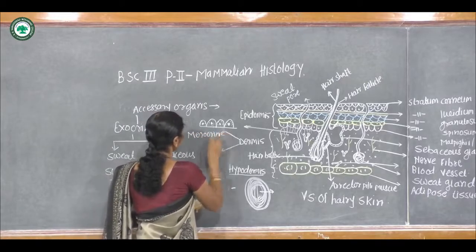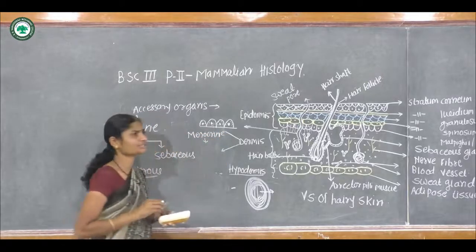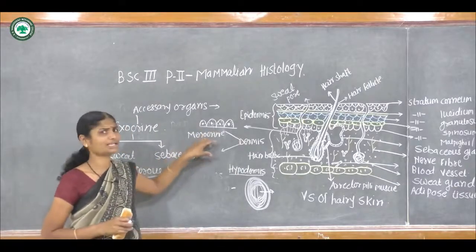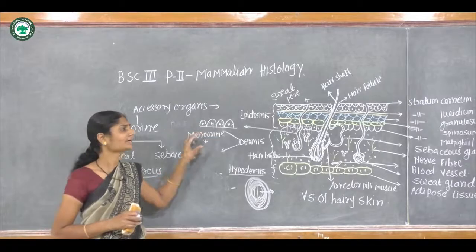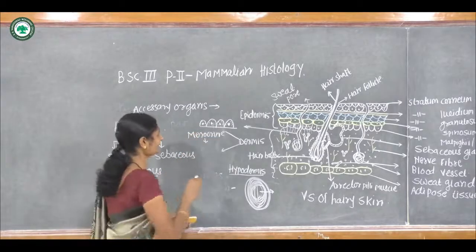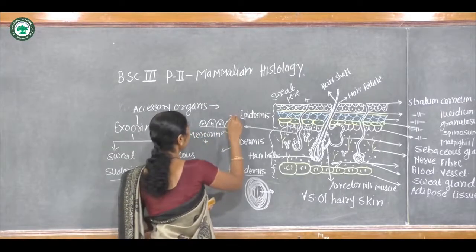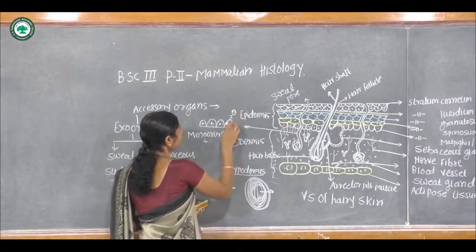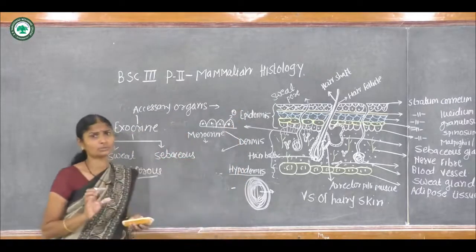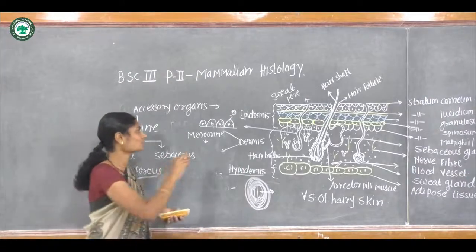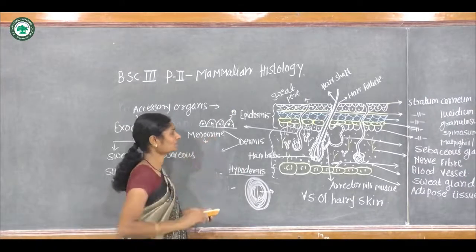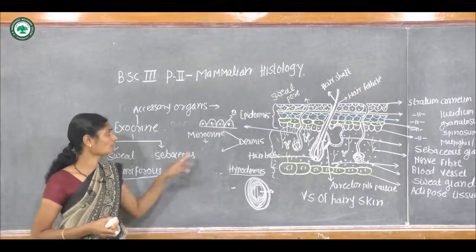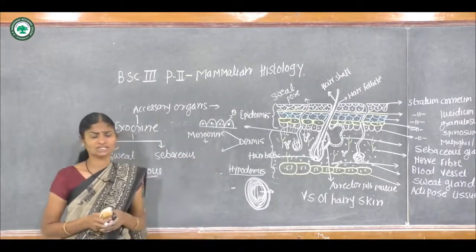In the previous lecture we studied merocrine secretion, that is, secretory vesicles form and discharge from the apical portion, and the cytoplasm does not change. Sweat secretion is in the form of merocrine secretion.